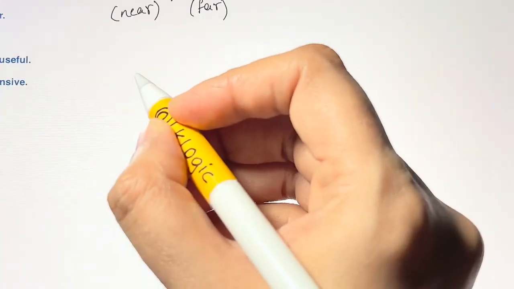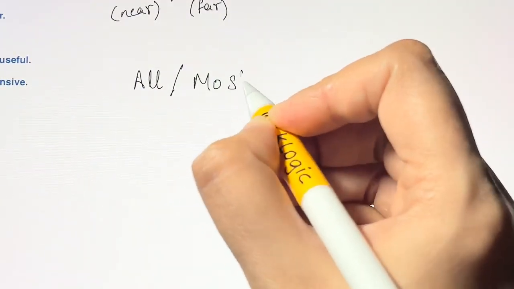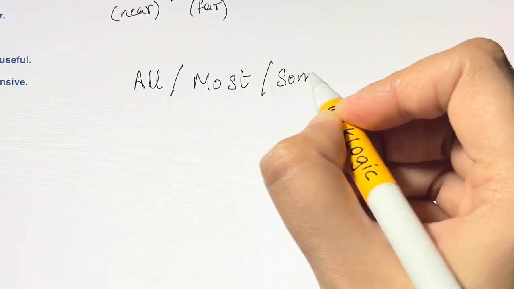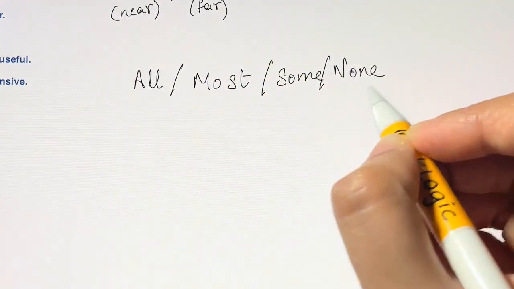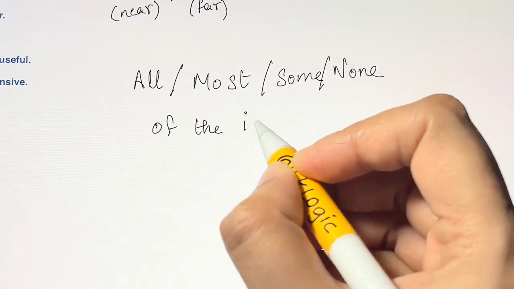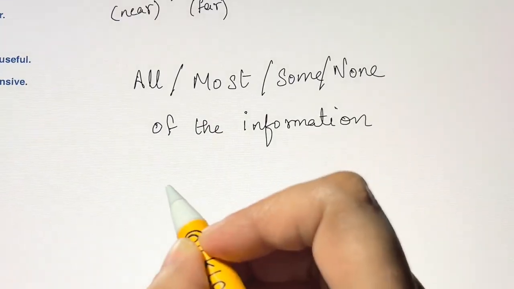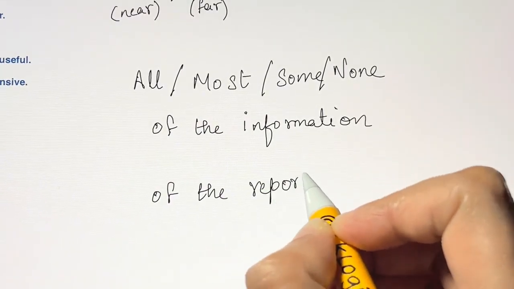So listen guys, whenever you have all or most or some or none, any of these words used in the sentences with, suppose, the information, or you can use it with of the reports.